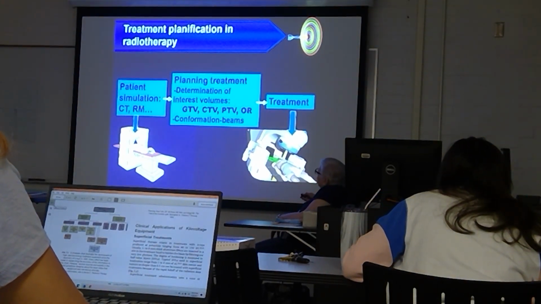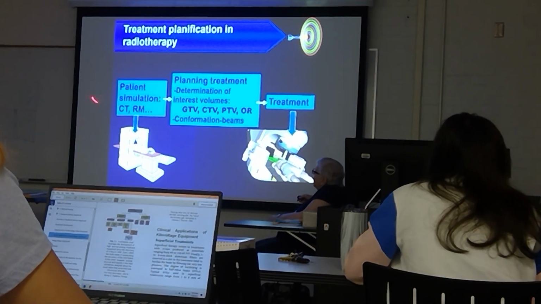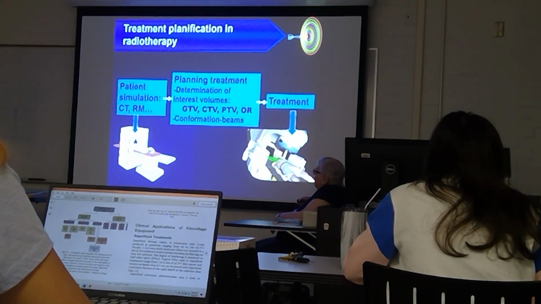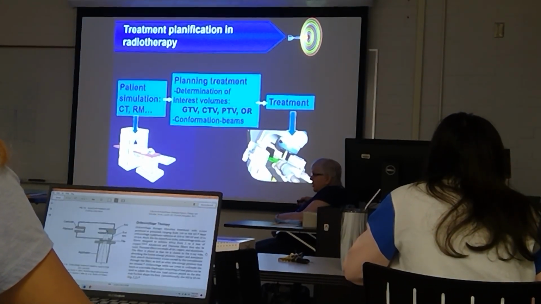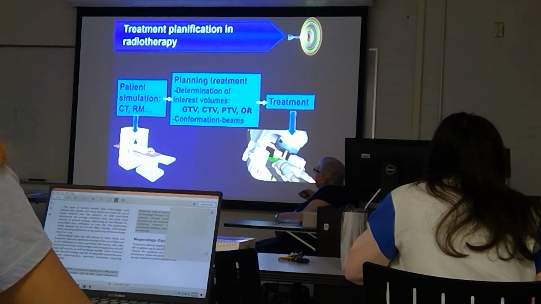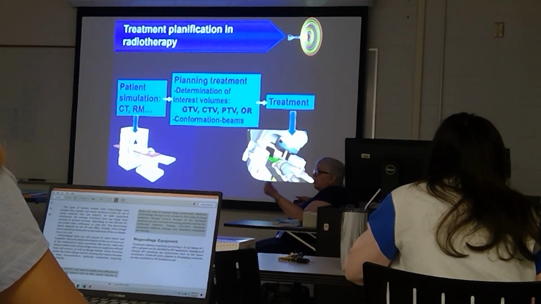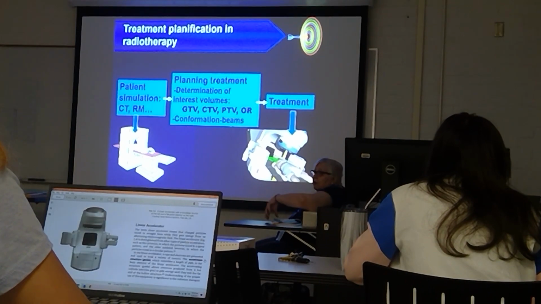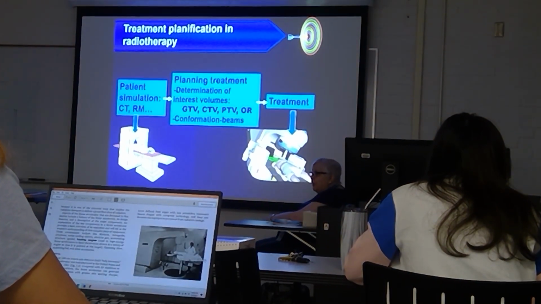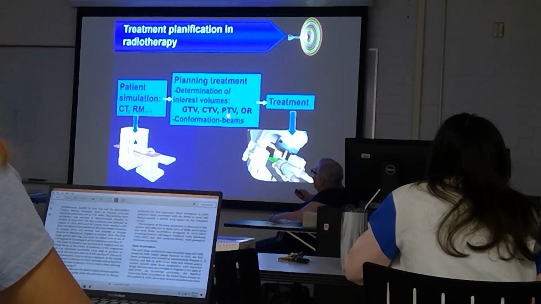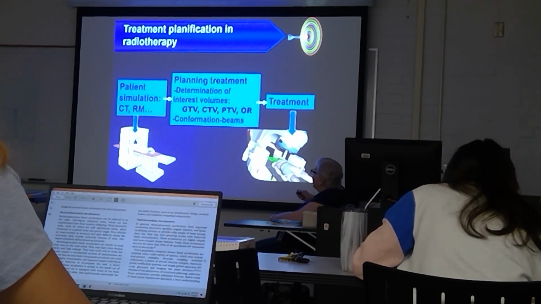So planning, so the CT is done. Then the CT images and the data is all electronically shifted across to the symmetry. And then the planning starts.